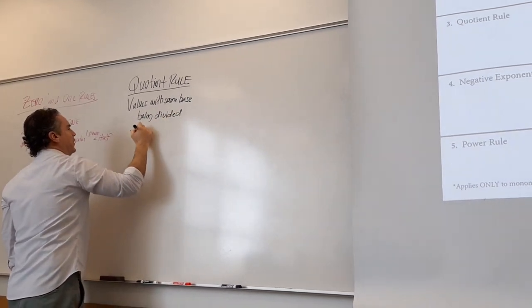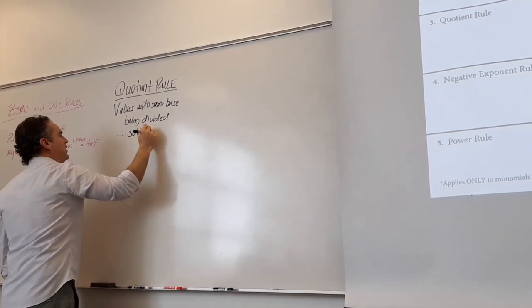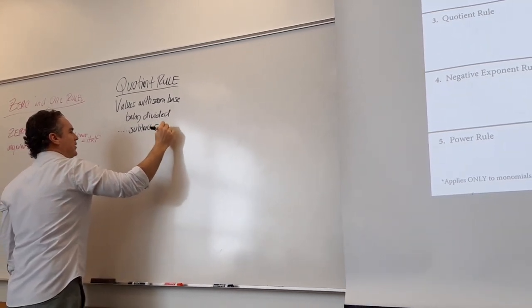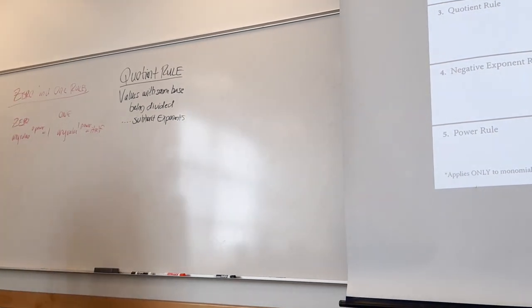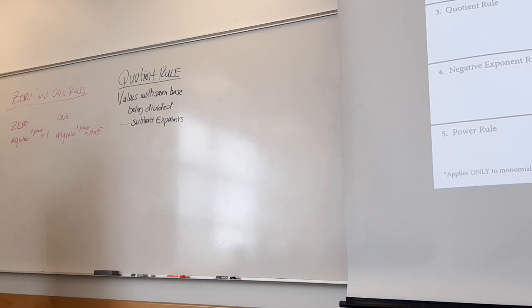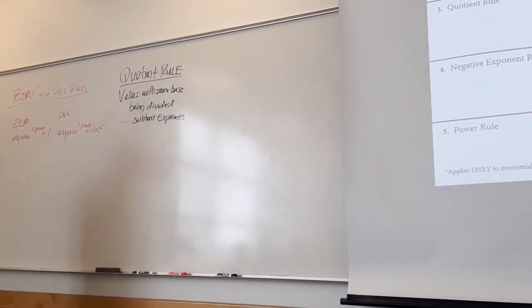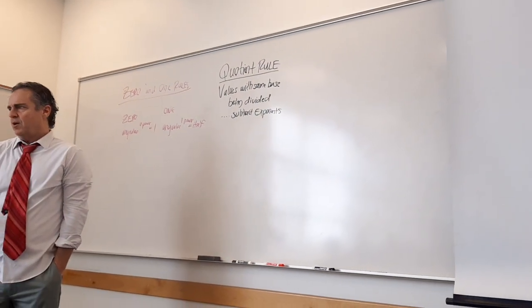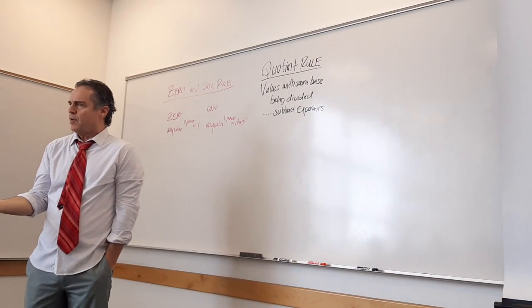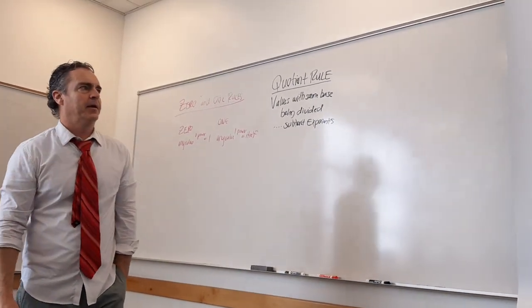What do you think we're going to do? Subtract exponents. Very good. And that's really good deductive reasoning, using your God-given gift of common sense, because the opposite of multiplication is division, and in multiplication we're adding, so the opposite of addition is subtraction. So it makes sense that when we have the quotient rule, we will subtract, because in the product rule we added. Okay?